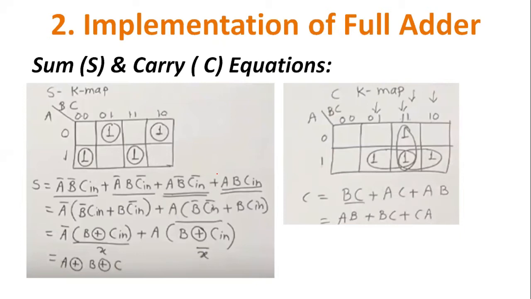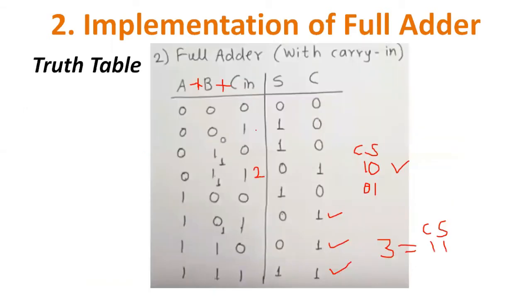For which combinations we have got ones in the sum and carry, that has to be written in the corresponding cell. For the first combination, second combination, fourth combination and seventh combination, we have got logic ones.